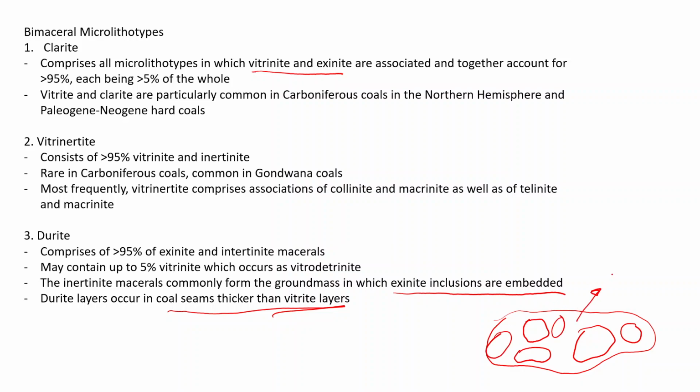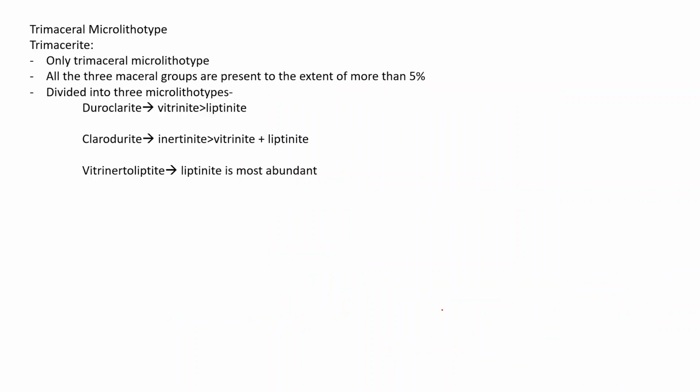So this ground mass is of inertinite, while these inclusions are of exinite group.